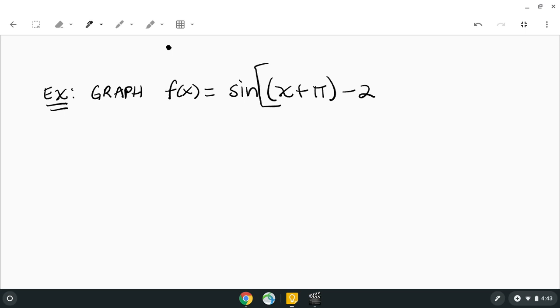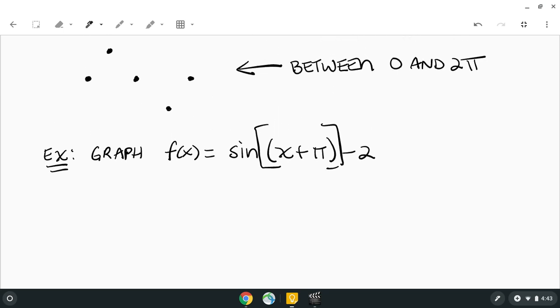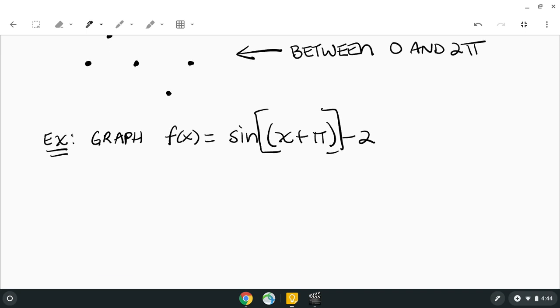So what happens is when you have something inside the sine function, that's going to change your endpoints.